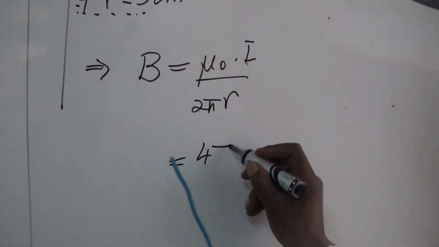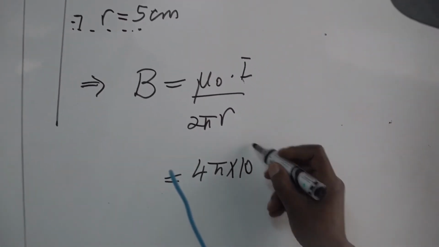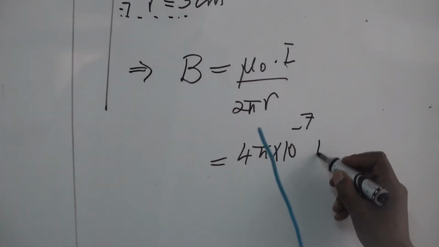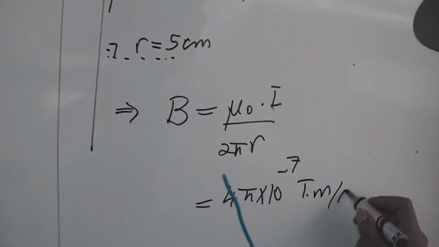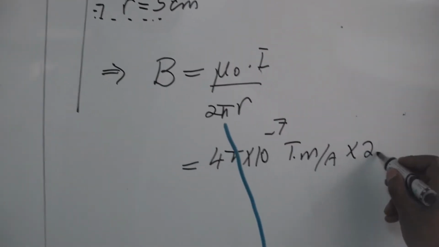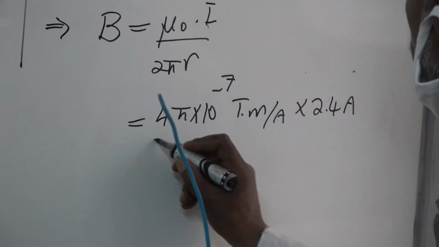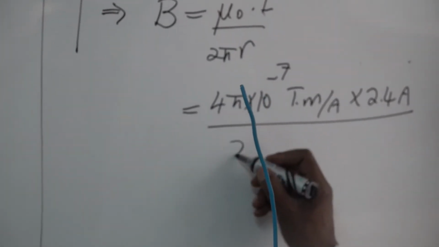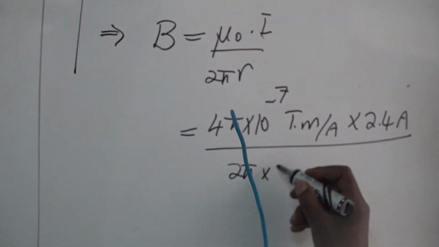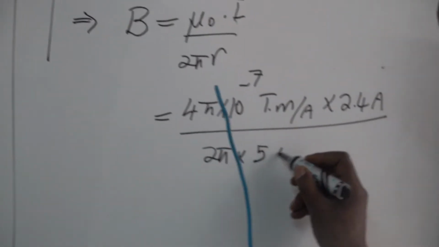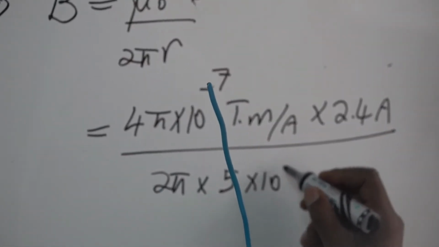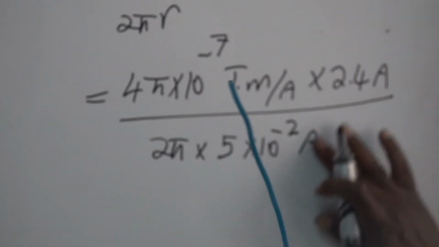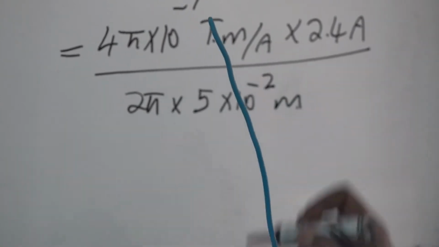Substituting, you get 4 pi times 10 to the power of minus 7, in SI units Tesla meter per ampere, times the current 2.4 amperes divided by 2 pi r, 5 centimeters. 2 pi times 5 centimeters, which means you have studied prefixes by heart, so you get 10 to the power of minus 2 meter.